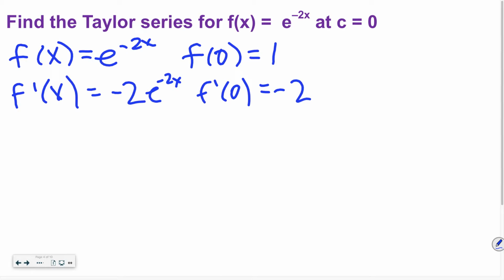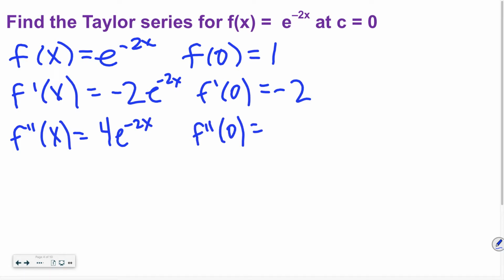We can find some patterns. Our second derivative would be 4 e to the negative 2x, plug in 0 again. What's our next value going to be?